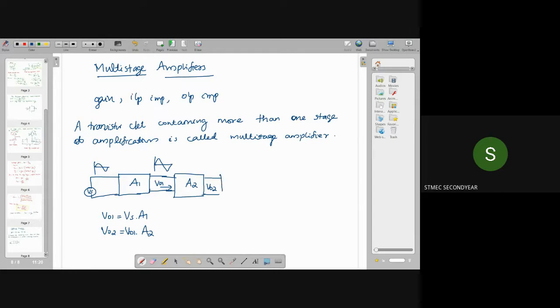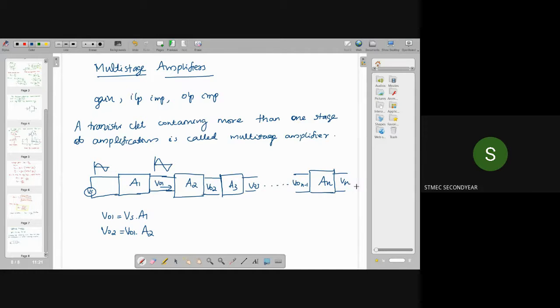In this manner, we can connect many transistors. Here it will be VO3, etc. We can let it be N amplifiers, that is AN. So the output of stage N minus 1, VON minus 1, will be the input, and Vn will be the final output.